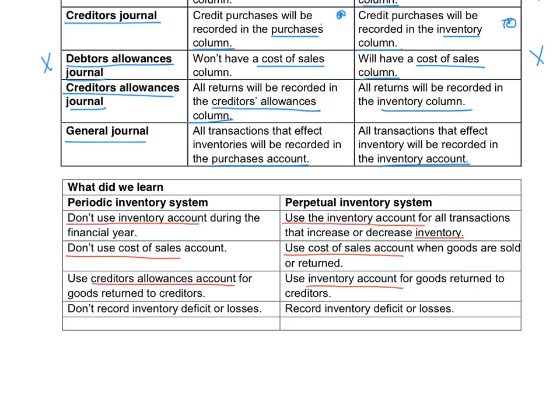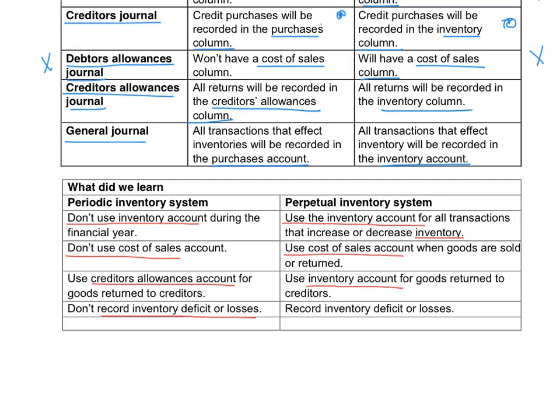In the periodic system, you don't record an inventory deficit or any losses as a result of fire or burglary, damaged goods, whatever. Because the closing inventory will be less, it will be absorbed by the cost of sales, and automatically the cost of sales figure will go up as a result of the reduced inventory.